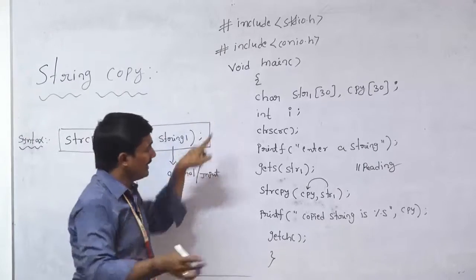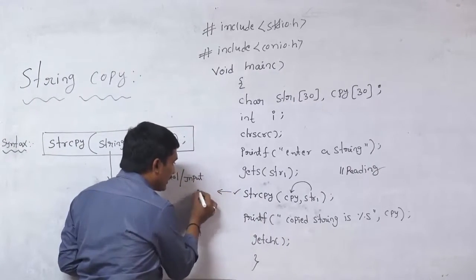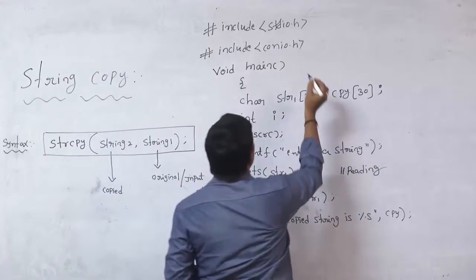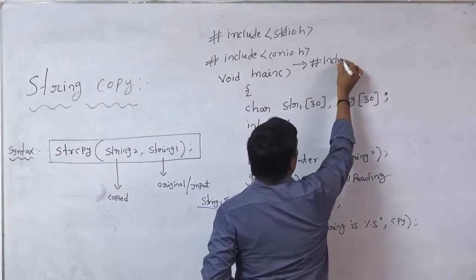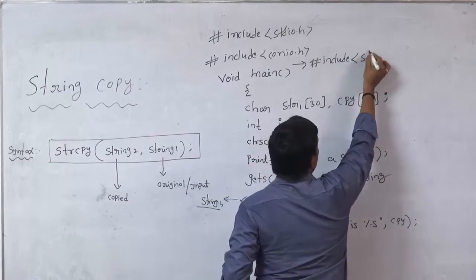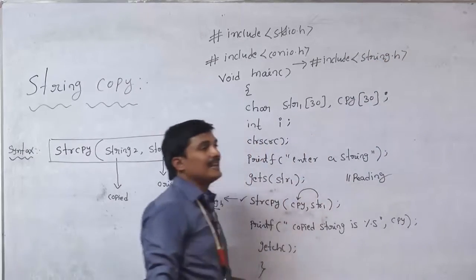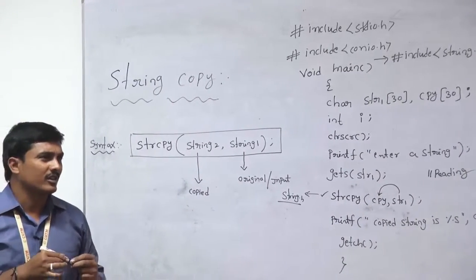Why? Because in this example you are using a predefined function. This is related to which one? string.h. So you can add one more header file here, that is #include string.h. So total 3 header files. Any more doubts?